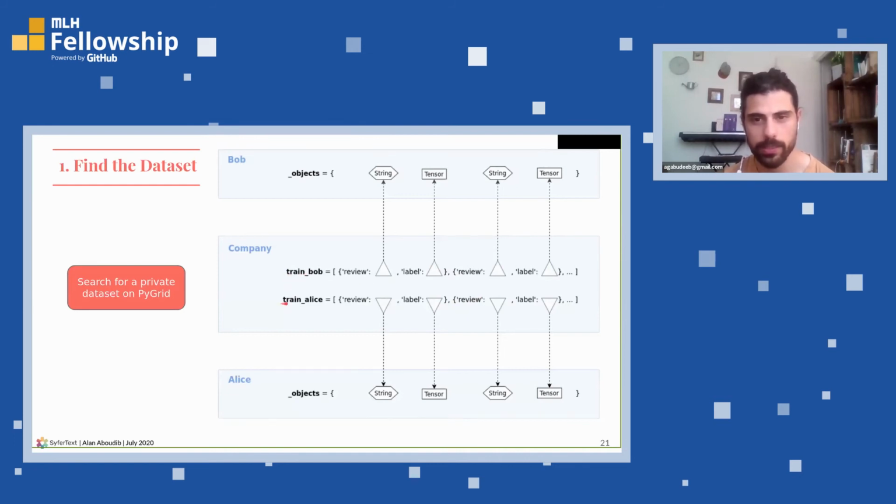These are the two data sets. As I told you, you don't have the real strings, you have pointers to them: the review, which is the text, and the label, 0 or 1, negative or positive sentiment. So you have these two data sets that are only pointers to the real data sets.